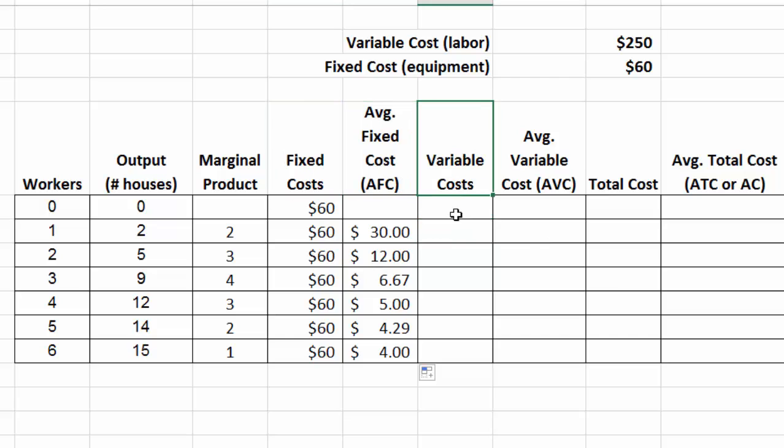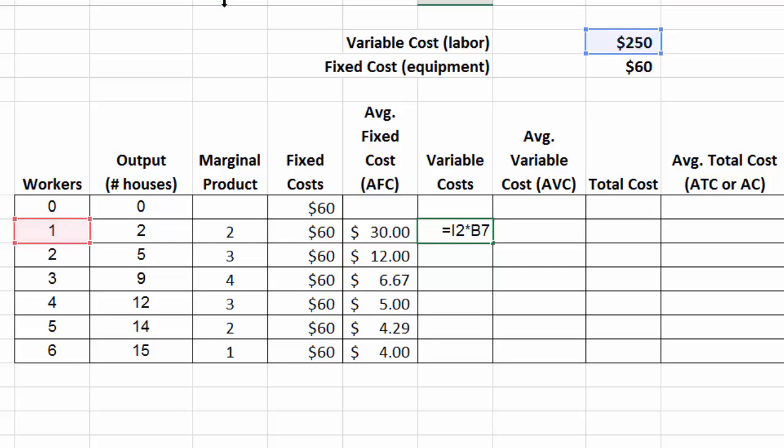Let's move on to variable. How do costs vary with output? Well, this is the cost associated with hiring extra workers to do the work, and so it's basically going to be the variable cost per unit up here, which is 250, times the number of units of the input we hire, the number of workers we hire. So I'm going to take cell reference. I'm going to do the variable cost per unit times the number of units.